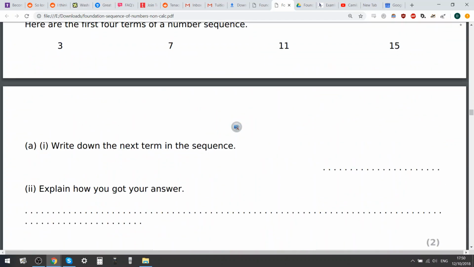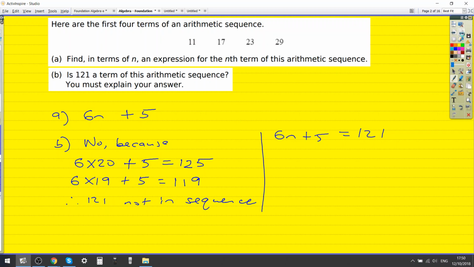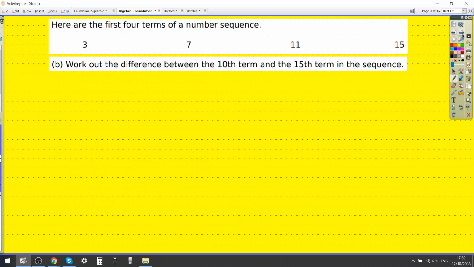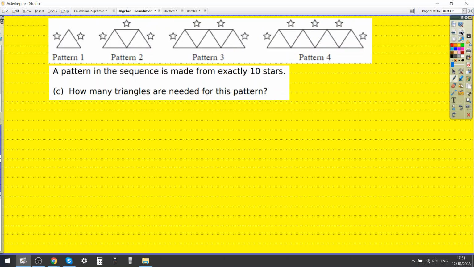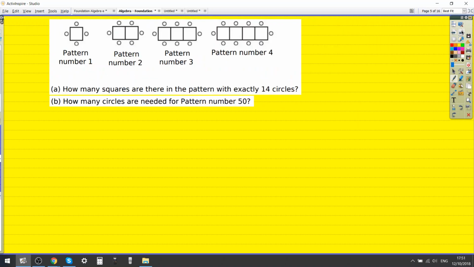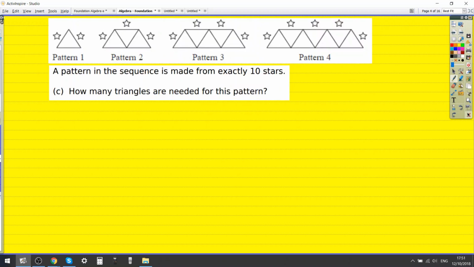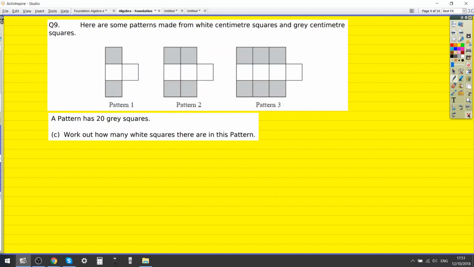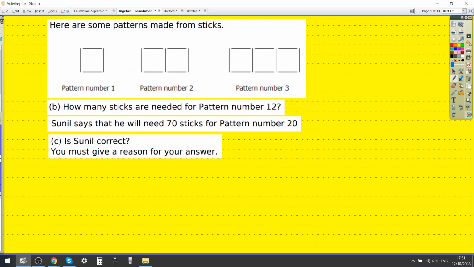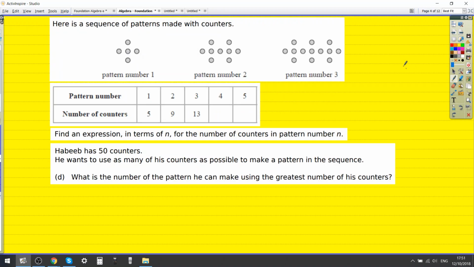That's the one we did. Hang on, no, I already have them. If this will work. 10th and 15th term. I think it'd be okay for that. So we did it. Did it. Did it. Yes.